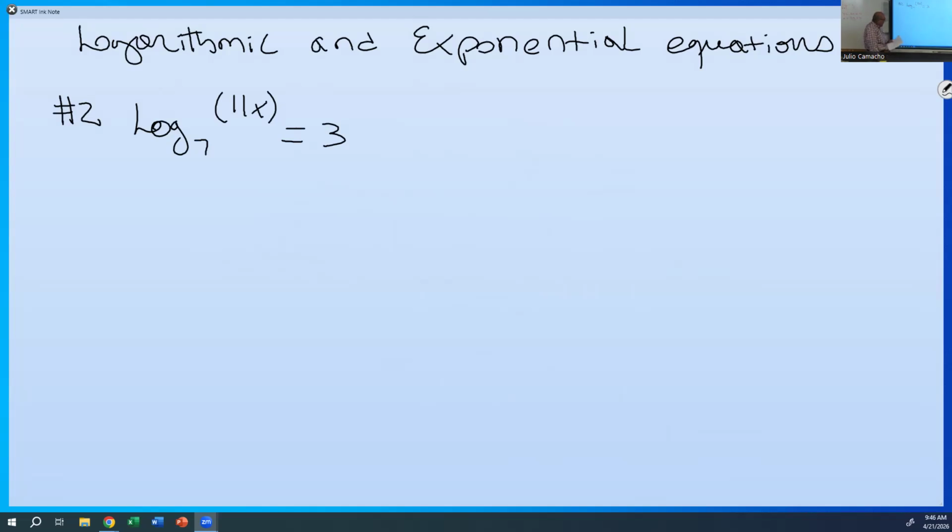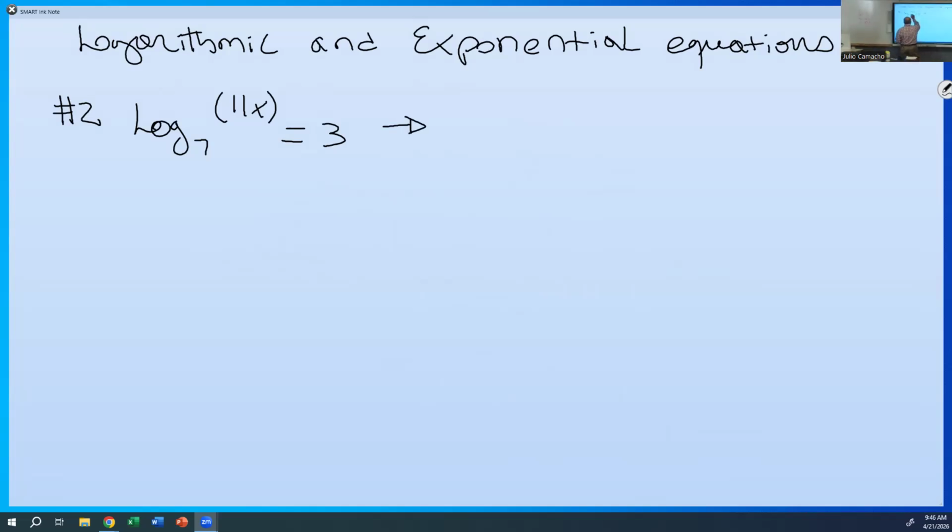It's like we have all the data, but we have an x there. So when you have an x there, you need to find a way to find the value of this x. So again, my next step is to go to exponential. We are in logarithmic form. Let's go to exponential. That can help us.